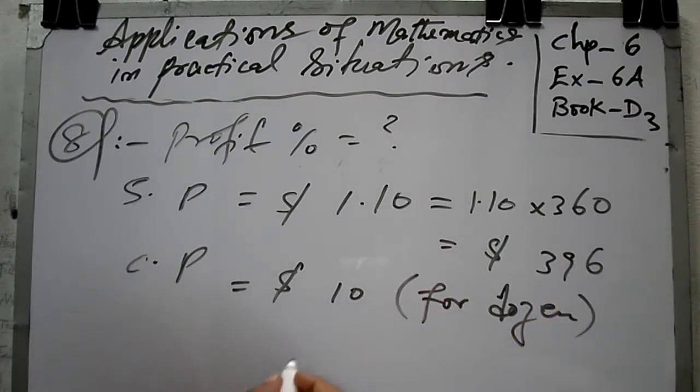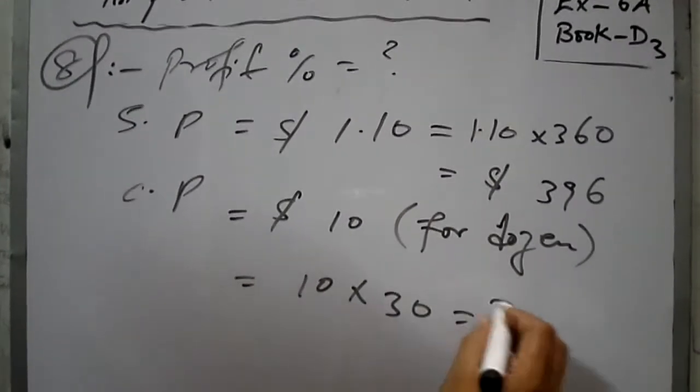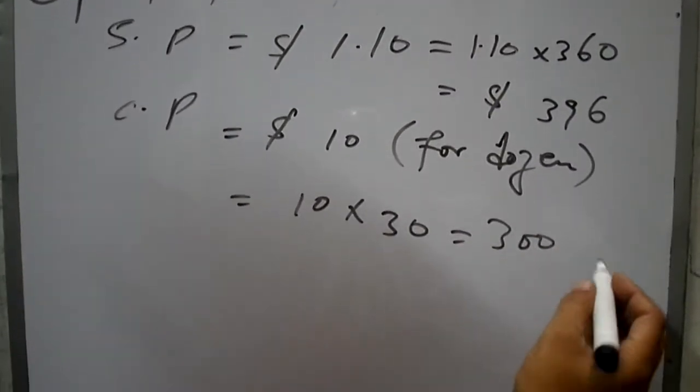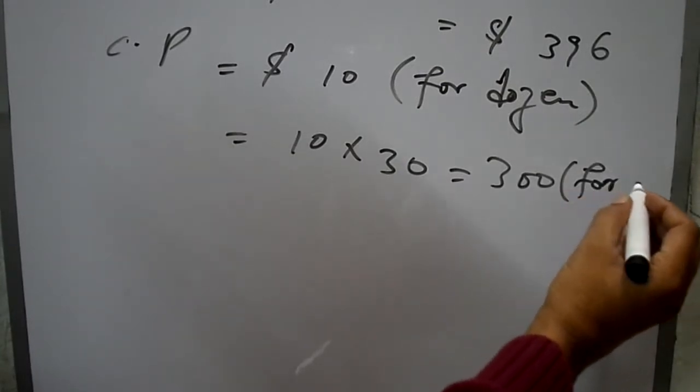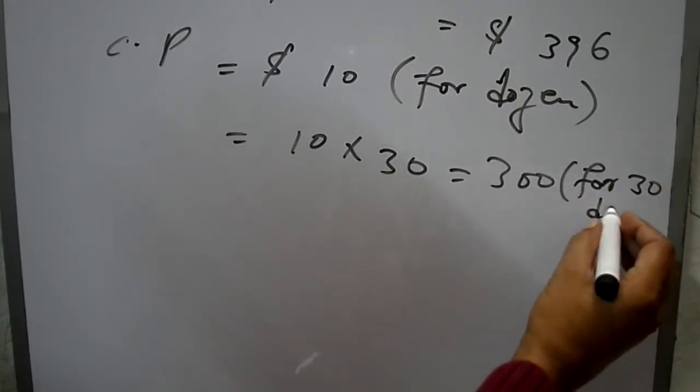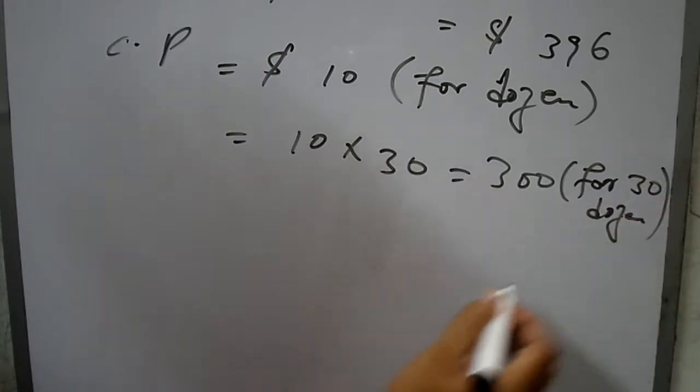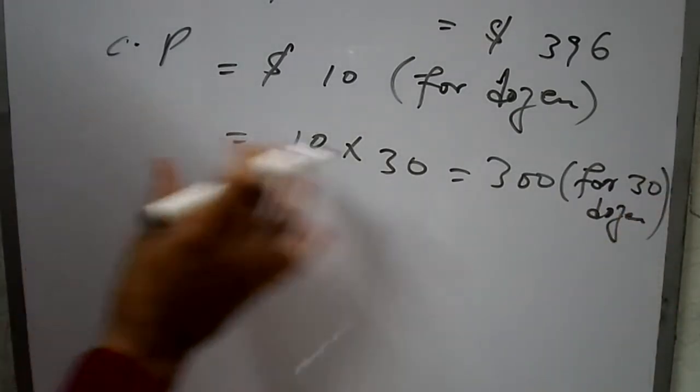So it is given to us, so 10 multiplied by 30, you will get 300 for 30 dozen. So this is the cost price for 30 dozen.